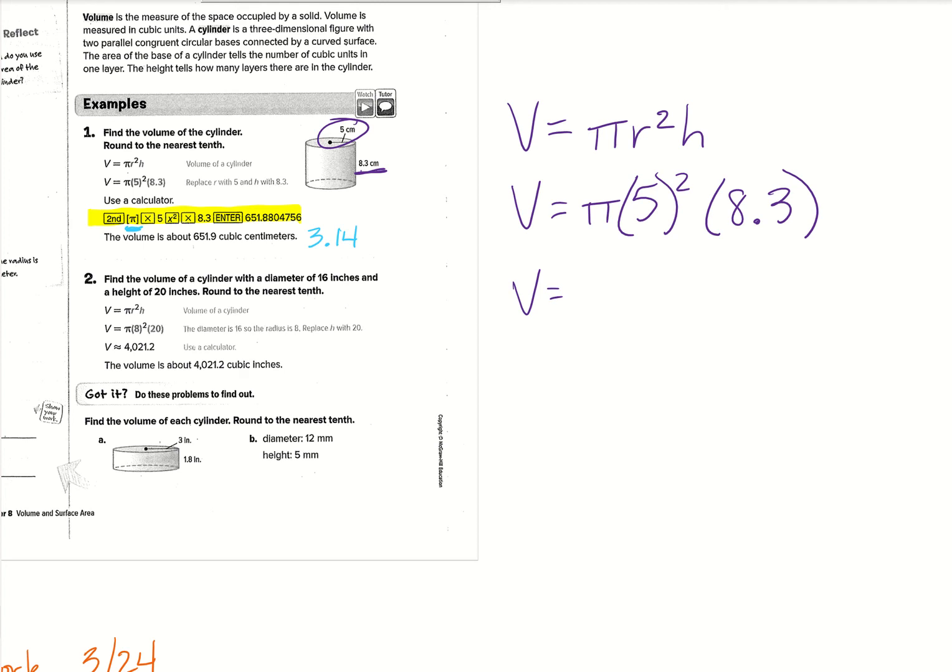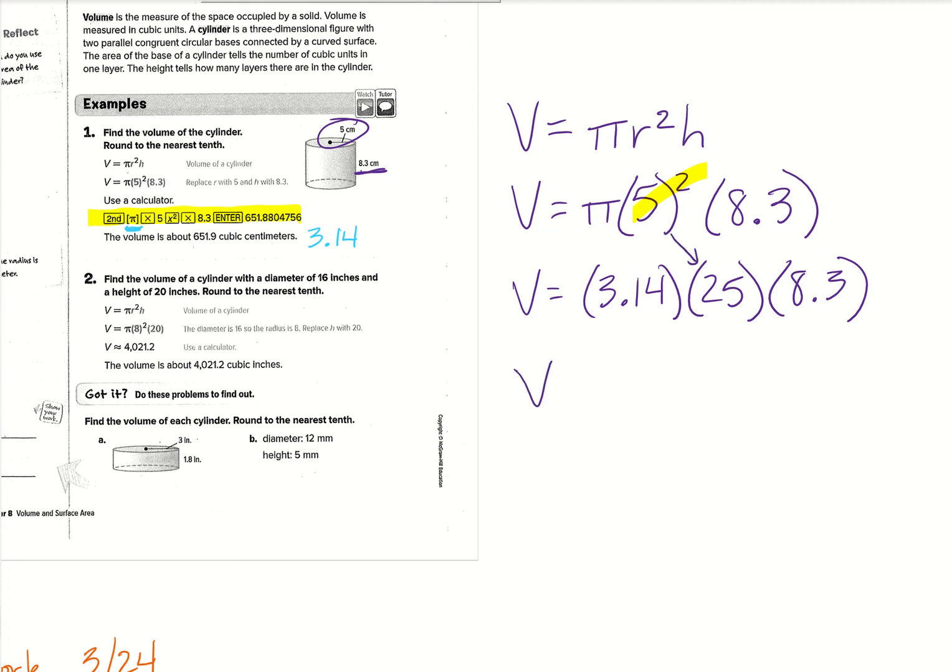So I'm going to write 3.14 times 25 times 8.3. If you don't see where I got that 25, I just did the 5 squared. And 5 times 5, or 5 squared, is just 25.